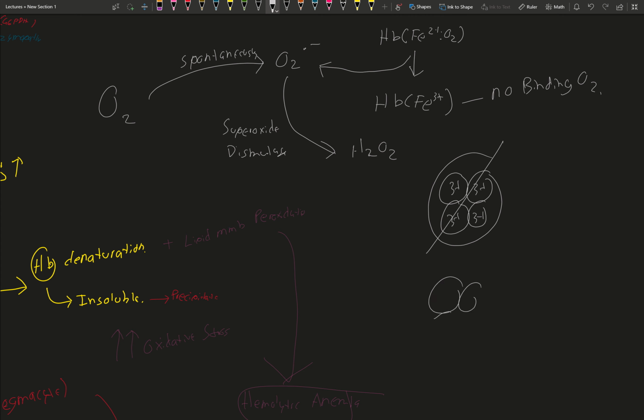However, even if one of these subunits is in the 3+ state and the rest are in 2+, these three can still bind oxygen. The issue is that this one can't, but this 3+ state can increase the affinity for the 2+ iron to bind oxygen and hold it.